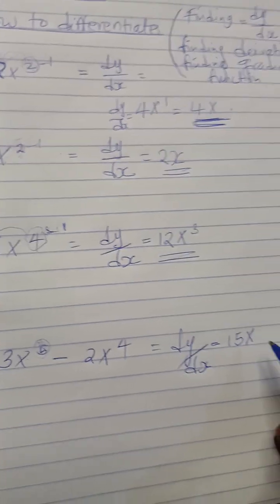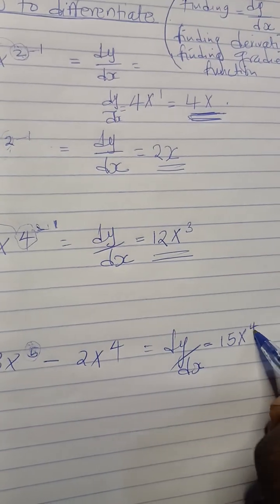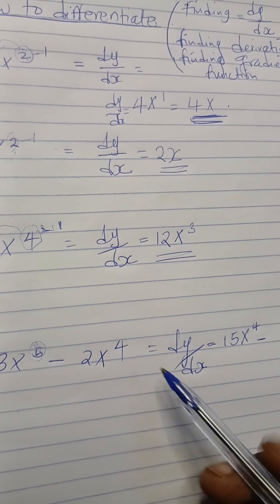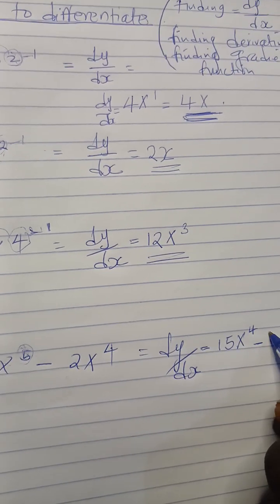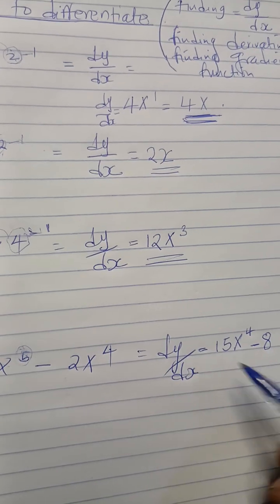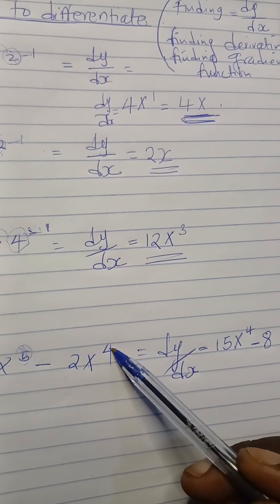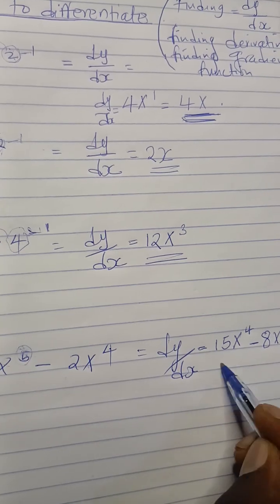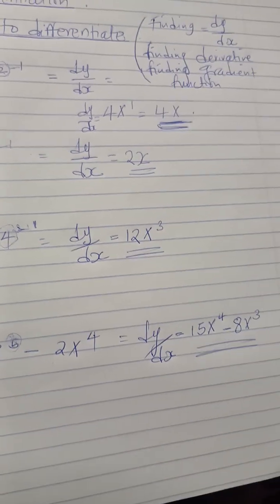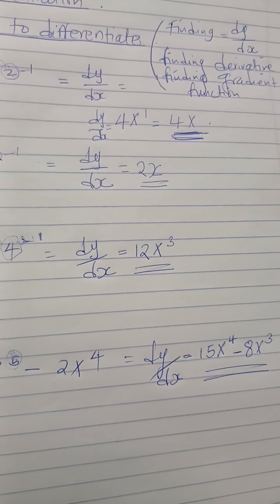So we subtract 1 and get 15x power 4 minus 4 times 2, which is 8, x power 4 minus 1, which is 8x power 3. So that is our derivative for this particular equation.